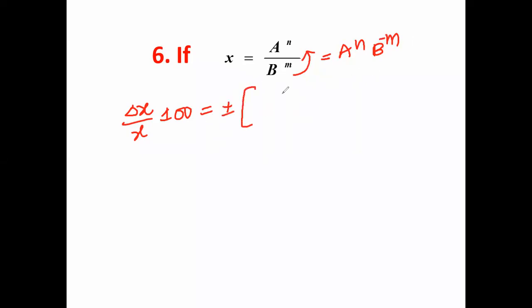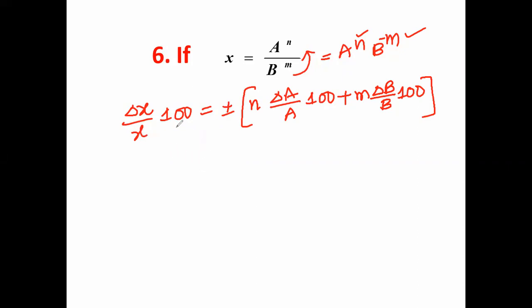Either plus or minus, will take plus only. So plus or minus, this power will write as a coefficient, n into delta a by a into 100 plus this power. Minus m we should not write, plus m only will write that. m into delta b divided by b into 100. Delta b by b into 100.